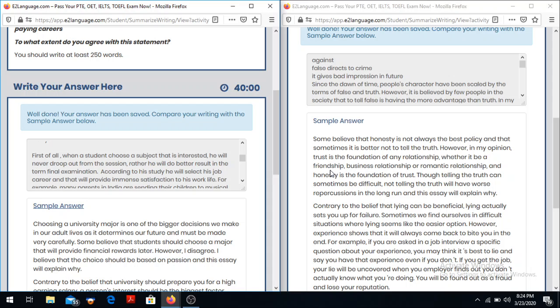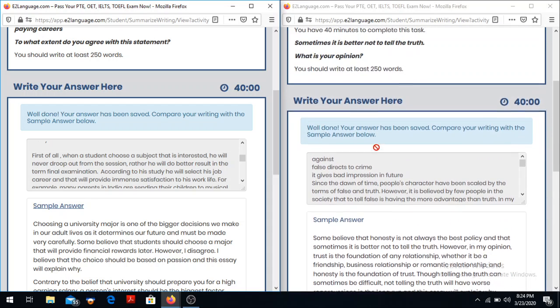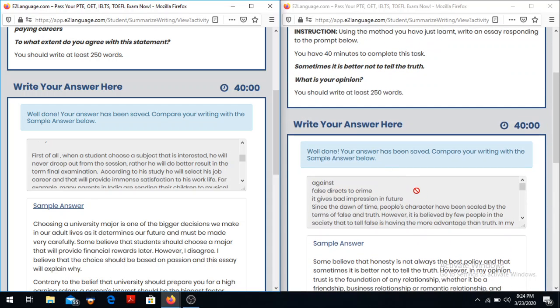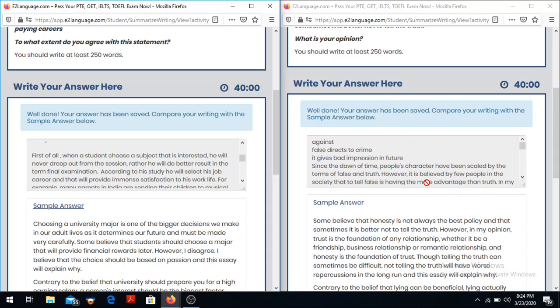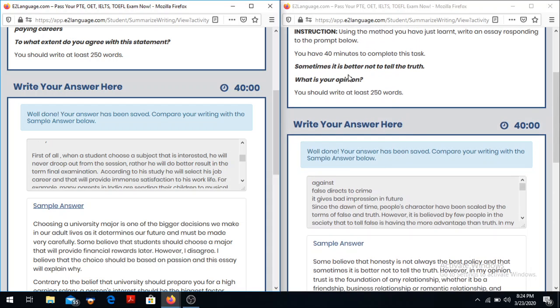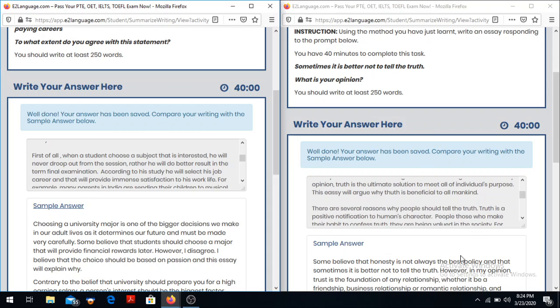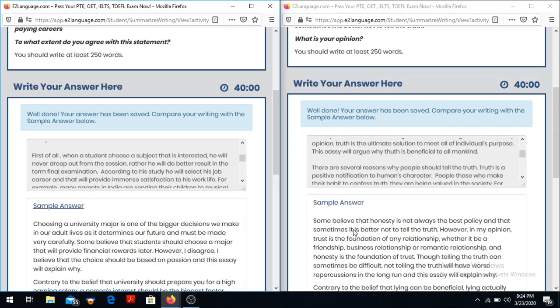So basically, half of the sentence is a general statement, and half of the sentence, I think, is the synonym of the question. Like, it is better not to tell the truth. So here they say that sometimes it is better not to tell the truth. So it is the synonym of the question.